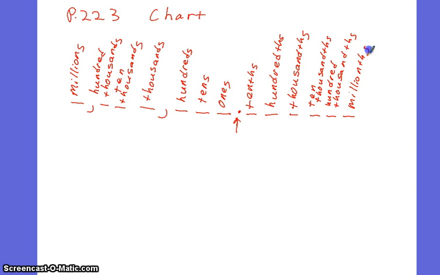So we've gone on both sides of the perspective here. 1/10, 100, 1,000, 10 thousandths, 100 thousandths, and then 1 millionth.